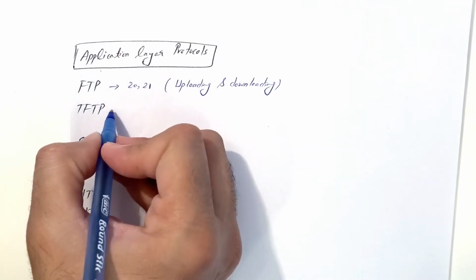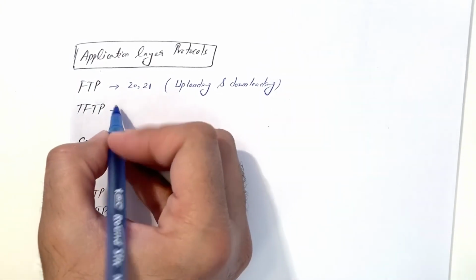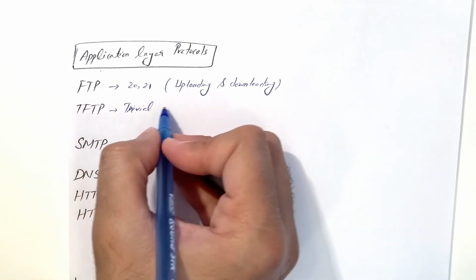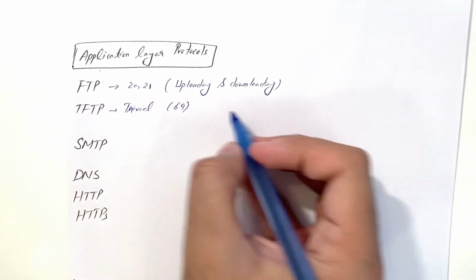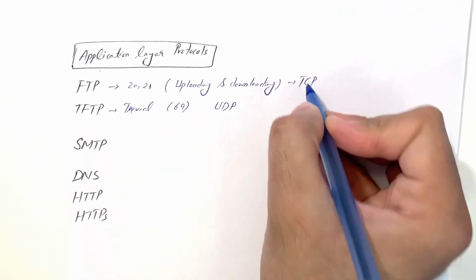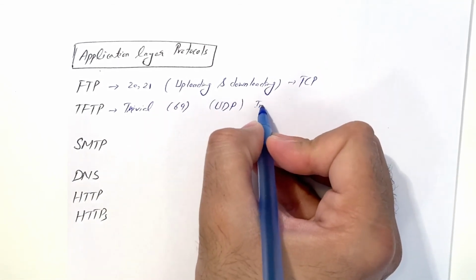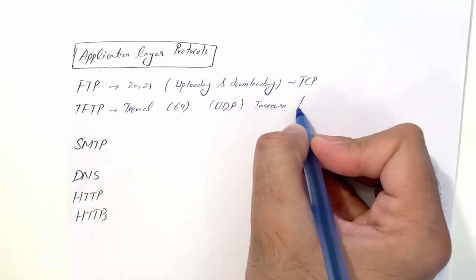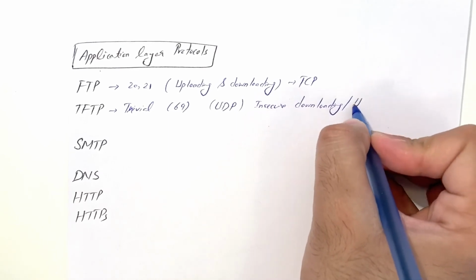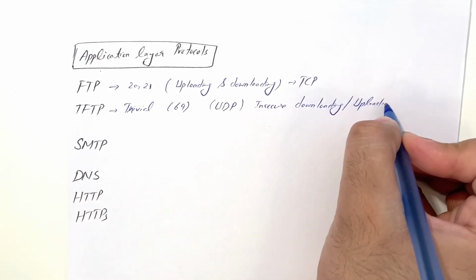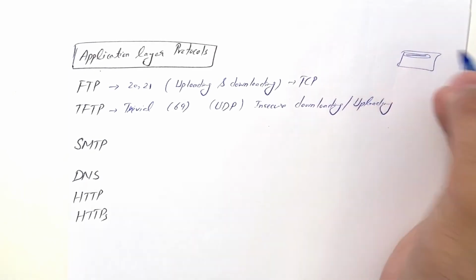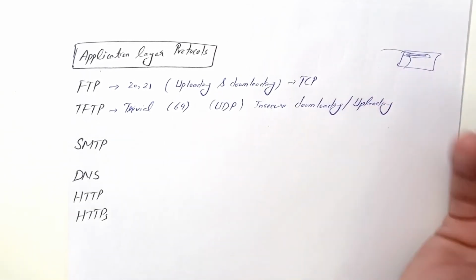TFTP, Trivial File Transfer Protocol, port number 69, and it's basically UDP. FTP is TCP, of course. TFTP is insecure downloading or uploading. For example, you have uploaded a PDF file on a link. If anybody visits that link, the file automatically gets downloaded.